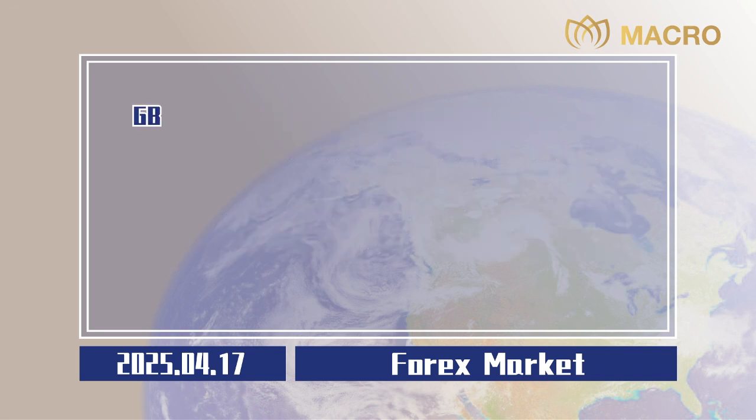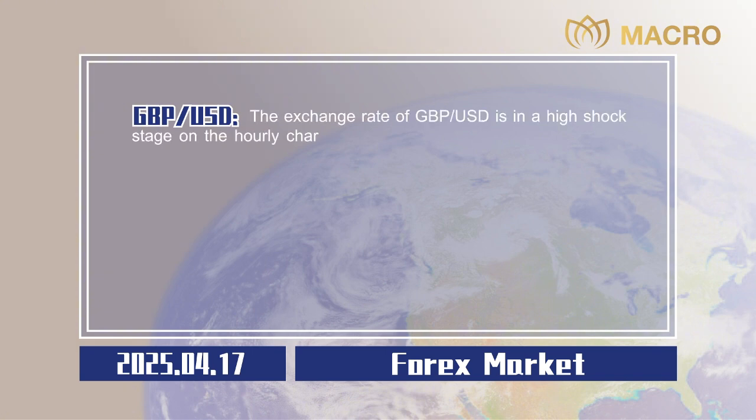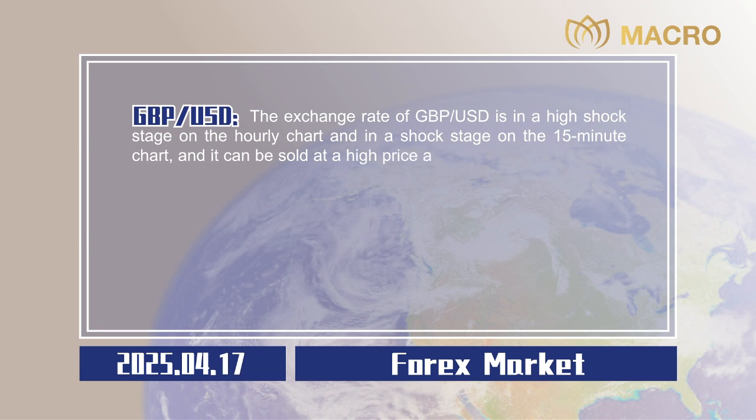Pound sterling to US dollar. The exchange rate of pound sterling to US dollar is in a high shock stage on the hourly chart and in a shock stage on the 15-minute chart, and it can be sold at a high price and bought at a low price in the range of 1.3200 to 1.3250.